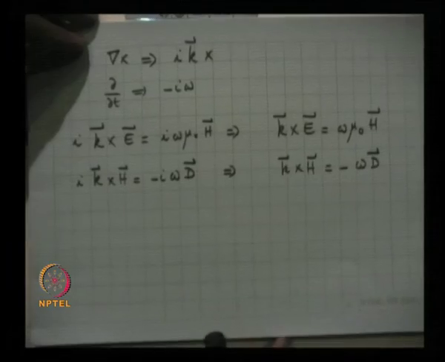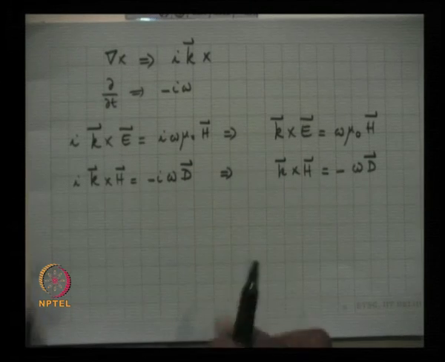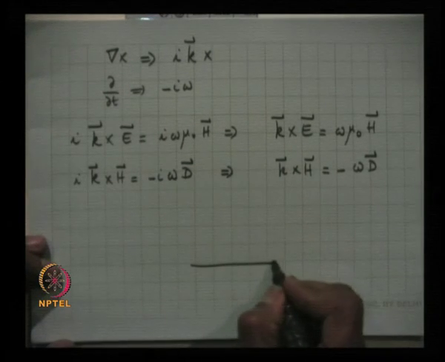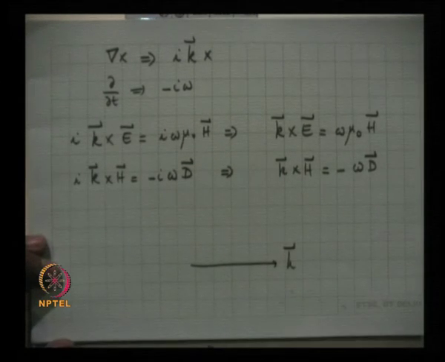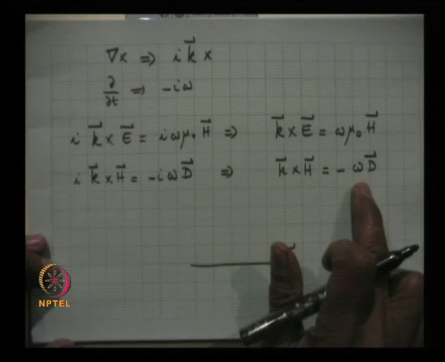Okay, so let me put this back here. Now, please remember, D and E are in general not parallel. So, let me take a direction of propagation. This is k. I am not plotting the x, y, z axes here, it is some arbitrary direction of propagation k vector. The second equation tells me D is perpendicular to k.